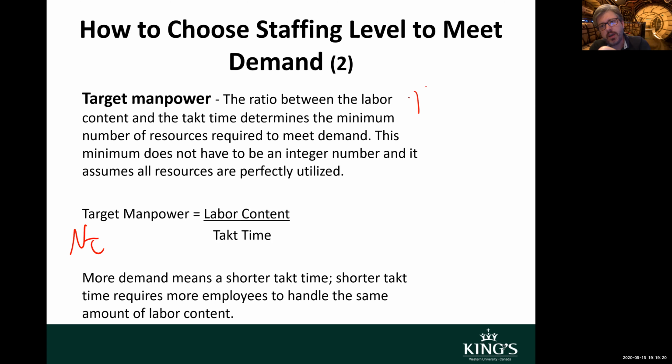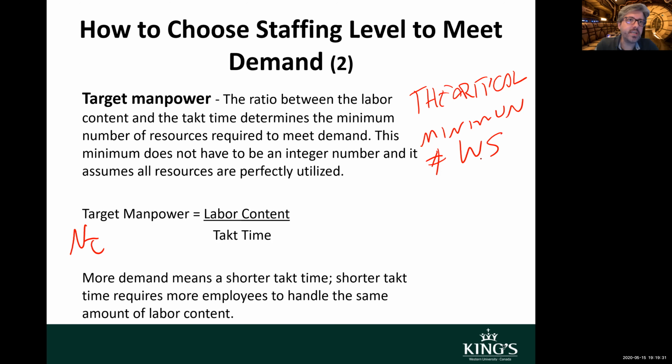So I'm going to put this down here: theoretical minimum number of workstations or work centers, whatever you want to call these, or stages or steps in your process. This will be your labor content, which is the sum of your processing times, divided by your takt time that you already know by now. This has to do with your demand.